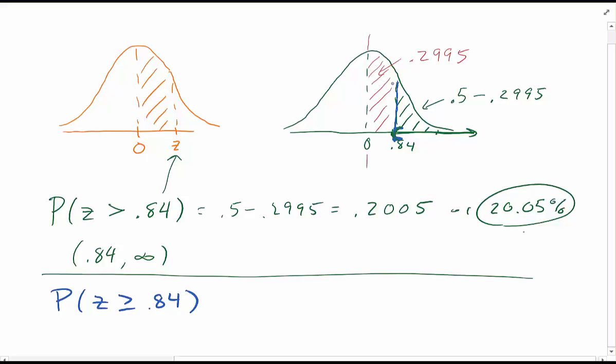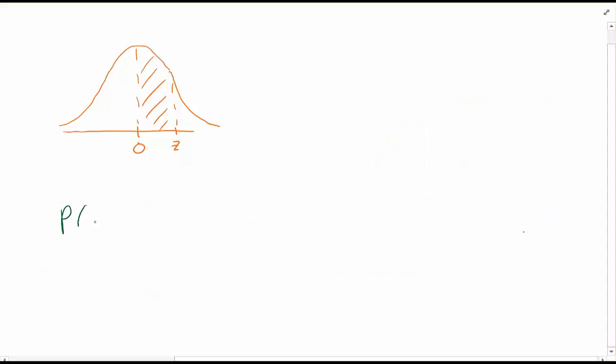There is no area. The probability that a continuous random variable takes on any particular value is 0. So the answer here would still be 0.2005.